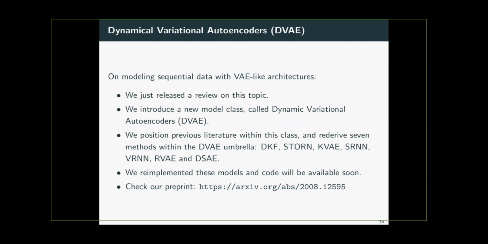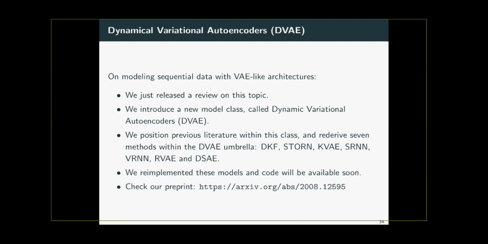So on this note, we have very recently shared online a review on what we call dynamic variational autoencoders. This is a new model class that actually covers many works in the literature. And we have specifically reviewed 7 of these works that you may recognize.